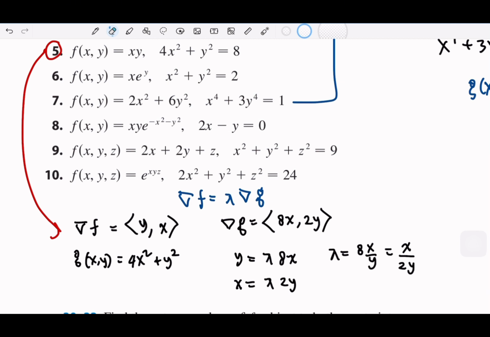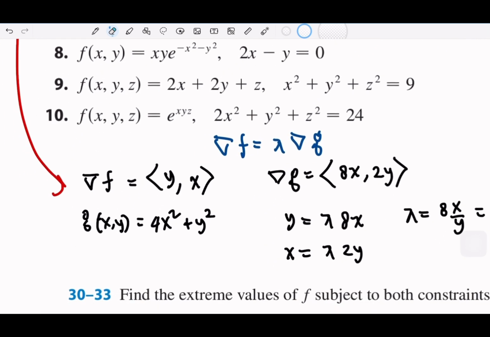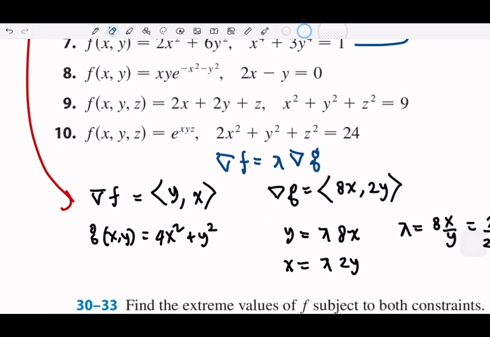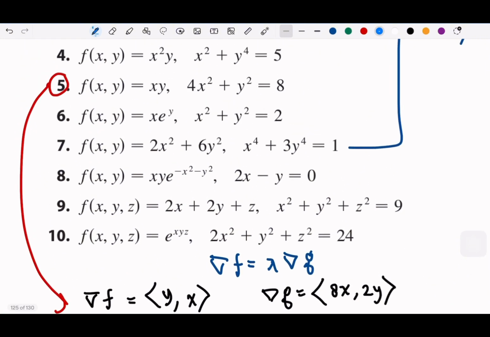And also don't forget that because we have this constraint, let me write the constraint. If x is 0, then y is 0, right? Because of the first equation, xy.